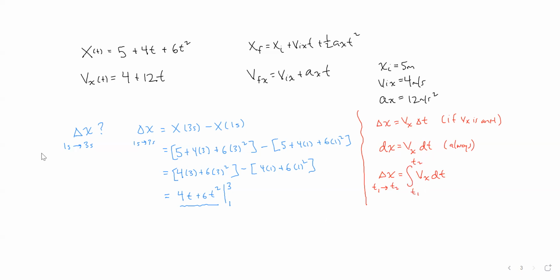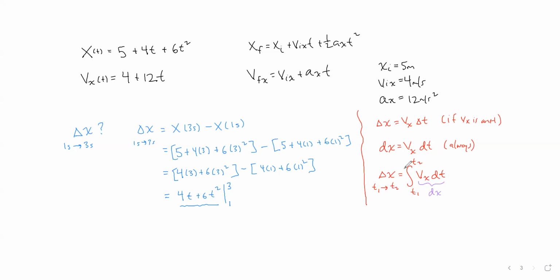Let's take a moment to appreciate this. Multiplying the velocity at a particular time by the tiny time around that moment gives me a little displacement dx. The integral adds up all of those little displacements, giving me the overall displacement. So the integral of velocity with respect to time from time 1 to time 2 is not quite the position, but it is the change in position.